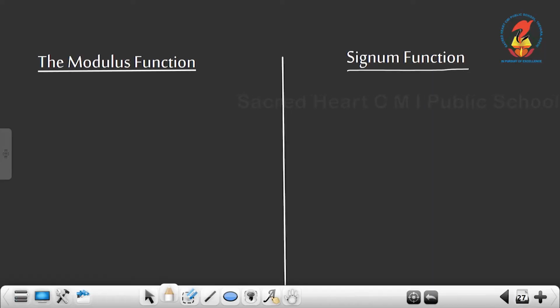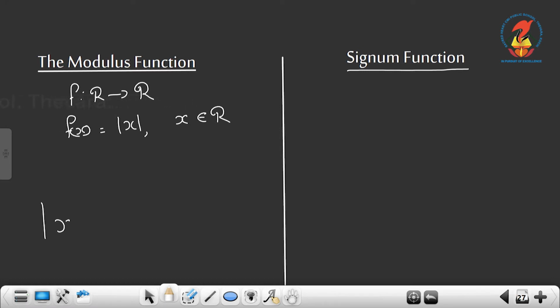Now, the modulus function. A function f from R to R is said to be a modulus function if f of x is equal to mod x for each x belongs to R. This sign you have studied in smaller classes, absolute value. Here we say mod.